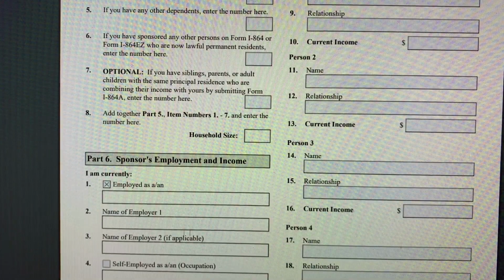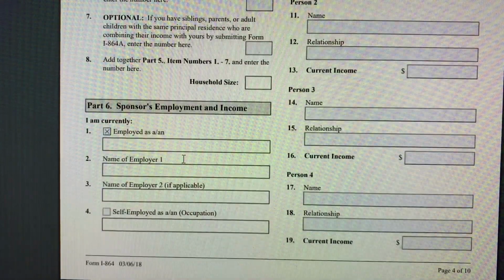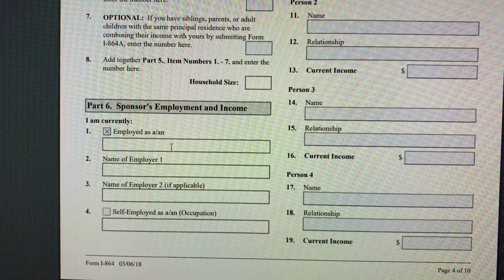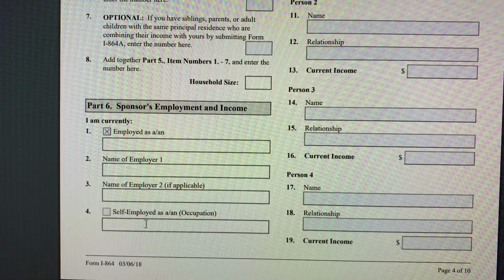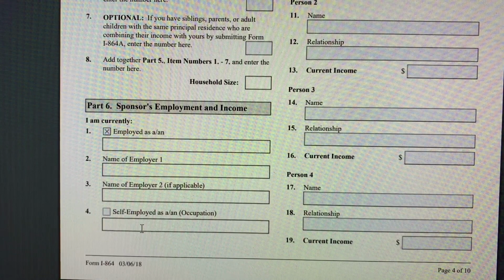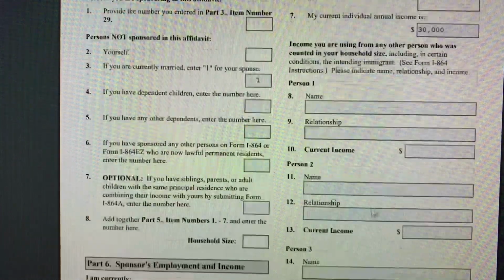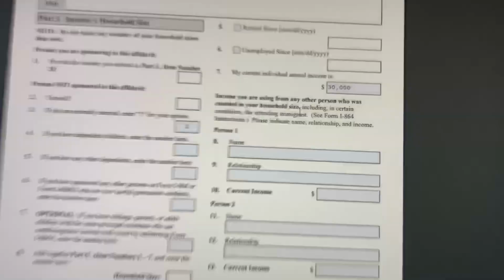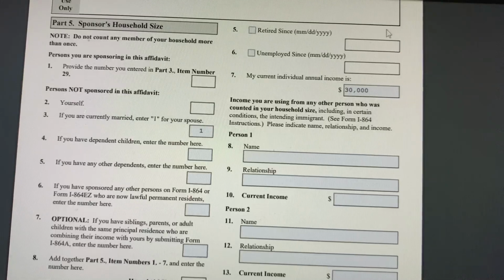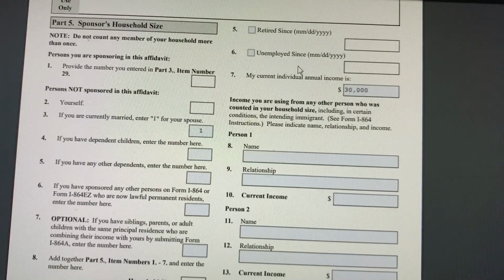So moving on to Part 6. Sponsor's employment and income. Employed as the sponsor's position at work, name of the employer, employer number 2 or self-employed, and occupation. And if your sponsor is retired, the retirement date, unemployment date, and so on.